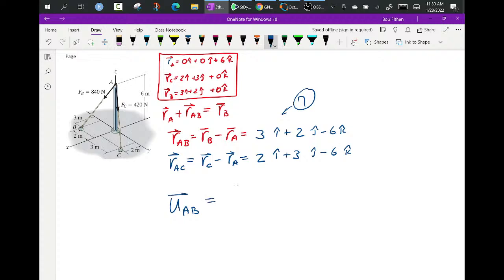It's nothing more than RAB, the vector, divided by its own length, which we just found out was 7. I can go ahead and list it out.